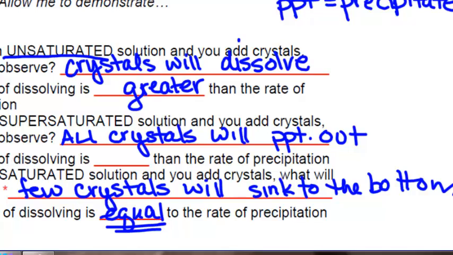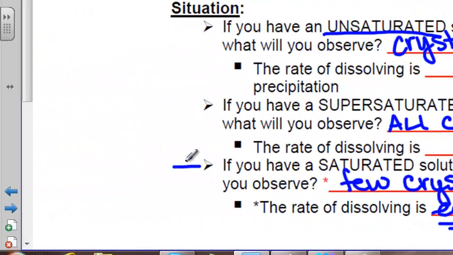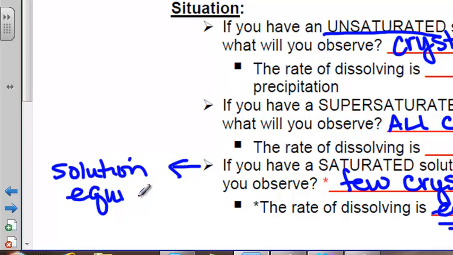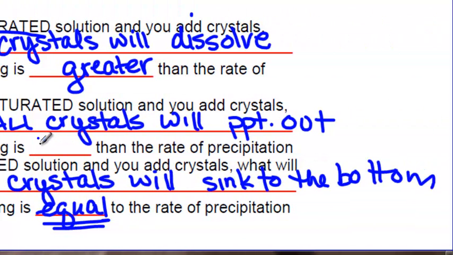Remember, we said that a saturated solution is solution equilibrium. I see I left one blank. In a supersaturated solution, the rate of dissolving is less than the rate of precipitation because everything precipitates out.